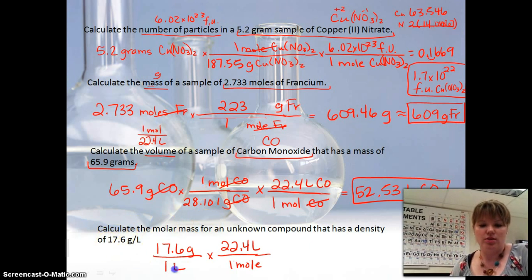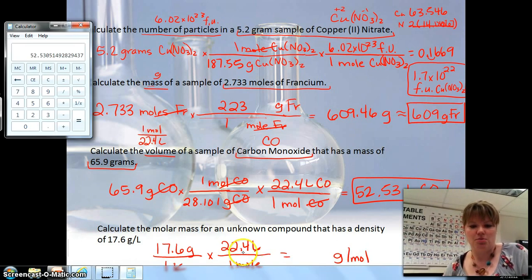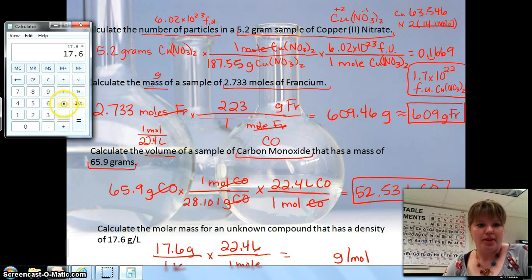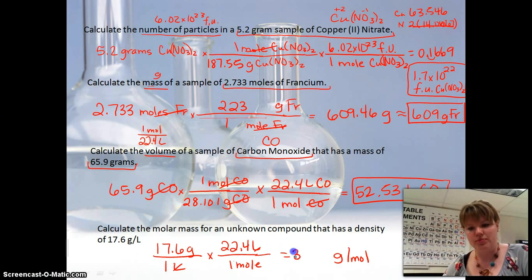So when liters cancels out, we're left with grams per mole, which is molar mass. So if we just take 17.6 and multiply that by 22.4, we're going to get 394.2.